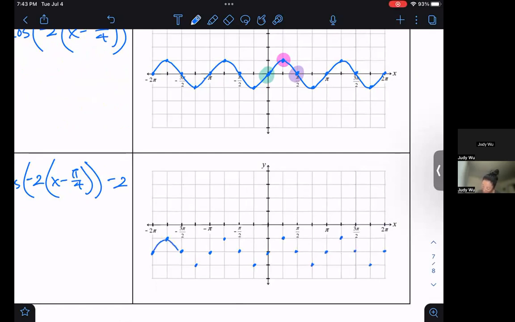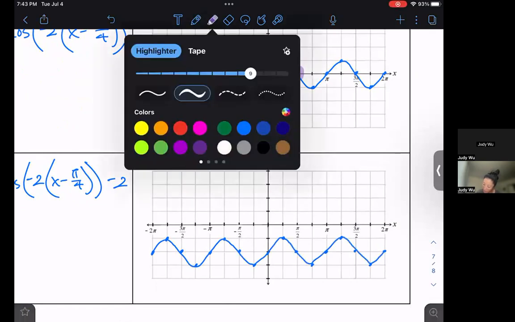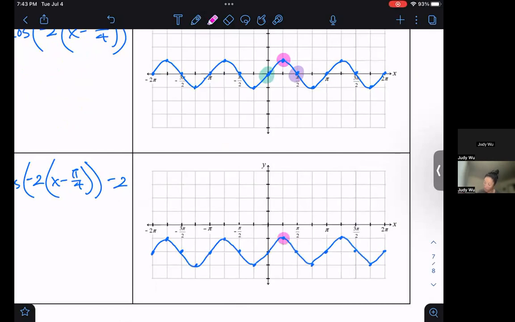And then connect everything. And keep track of that center point.